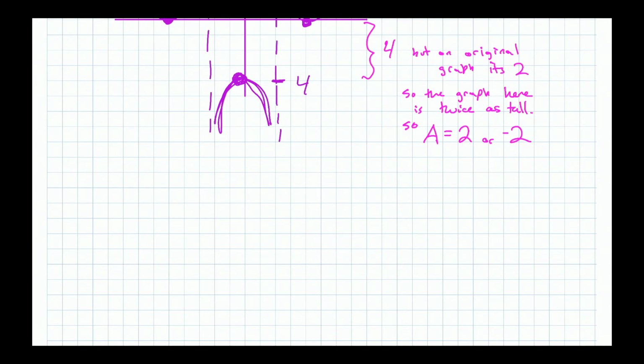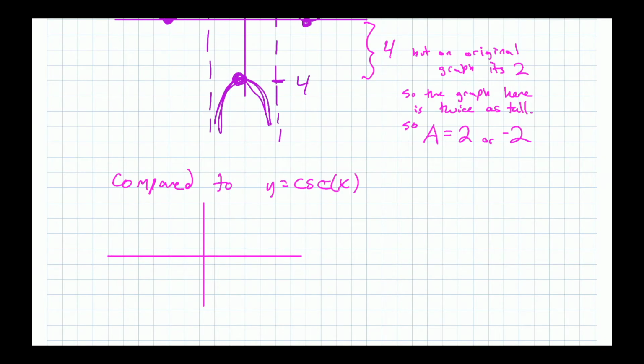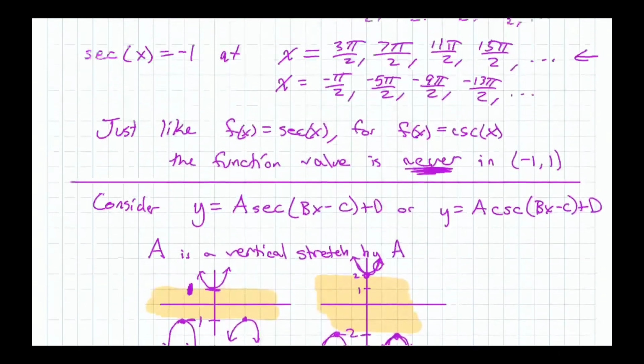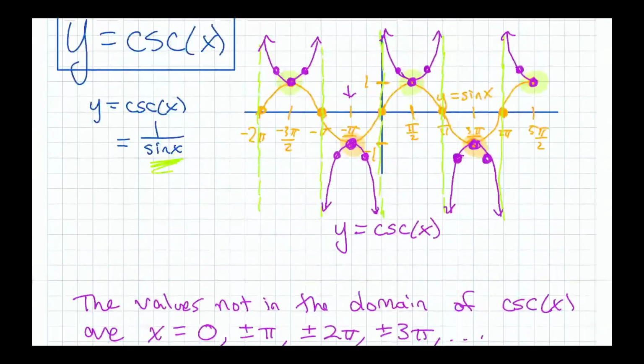Compared to the original cosecant, I should say. So compared to y equals csc x, what does csc x look like? Well, where is it? That was the one that we did second, right? It's this one.